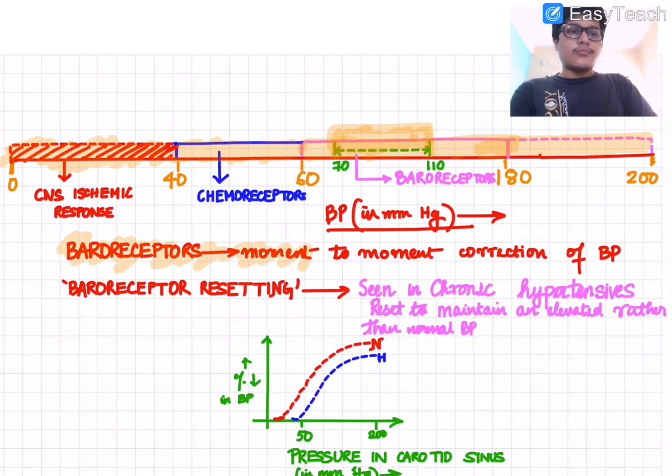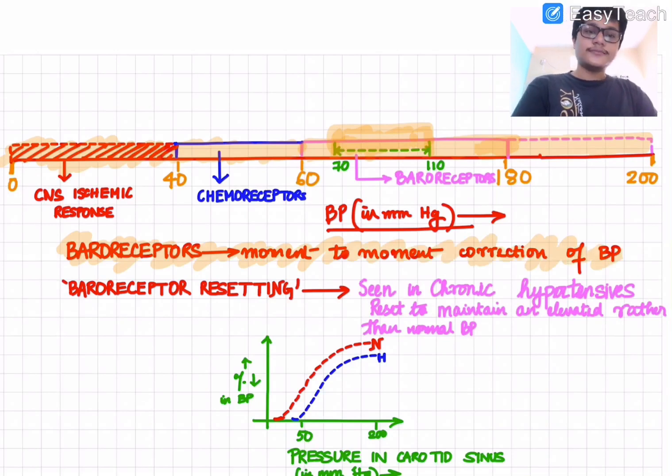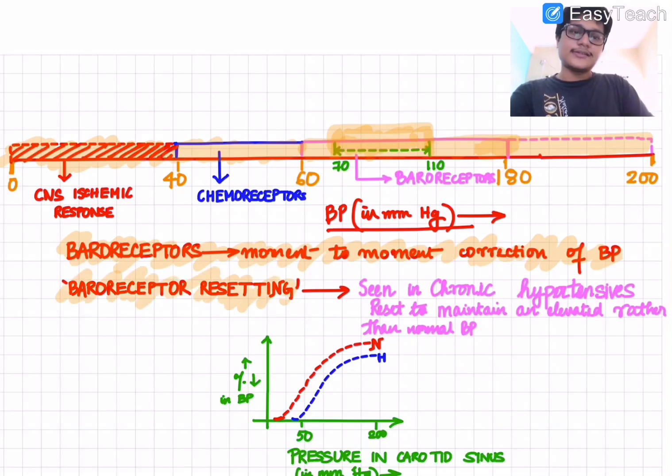Now, baroreceptors provide moment to moment correction of blood pressure. So it's not useful when we are considering long term regulation of blood pressure, but moment to moment correction of blood pressure is achieved via the baroreceptors. And one more thing you should remember with respect to baroreceptors is the concept of baroreceptor resetting.